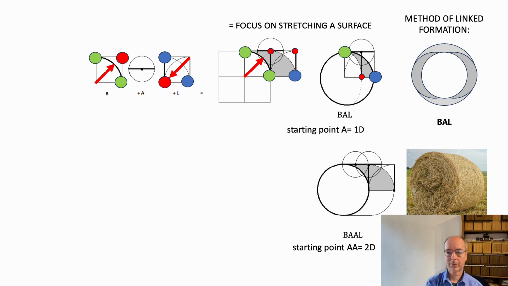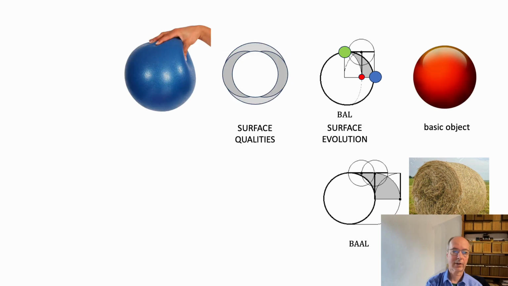It's more or less the same from a different focus. You come to the same kind of expression, that you form a surface, actually. But the surface of BAL has one dimension extra, as you can see.